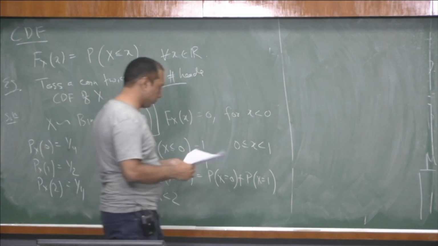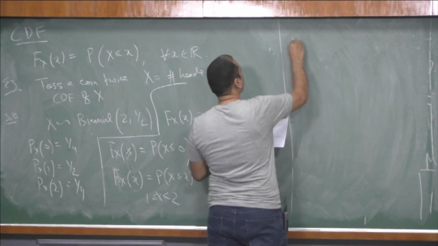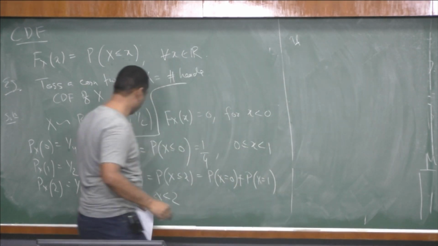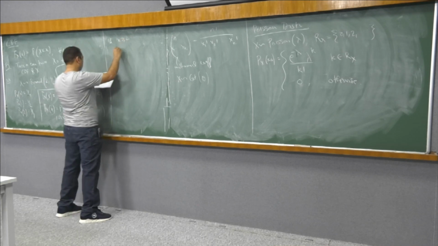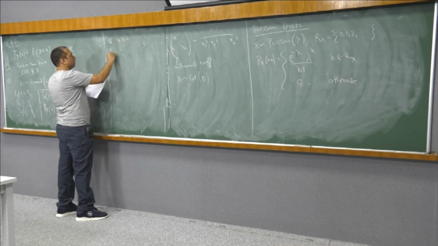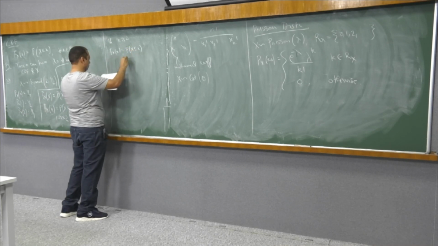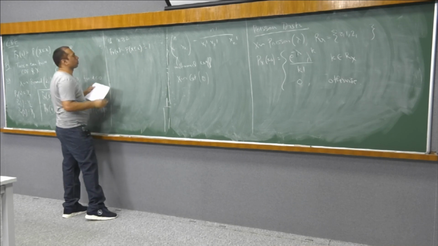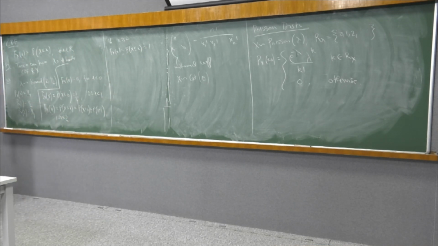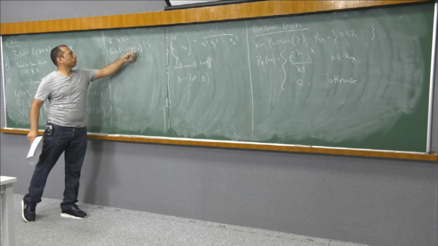And if x is greater than or equal to 2, then this is F_X(x), the probability that X is less than or equal to x, and in this case it's 1, because x greater than or equal to 2 means that I cover the whole sample space 0, 1, 2.